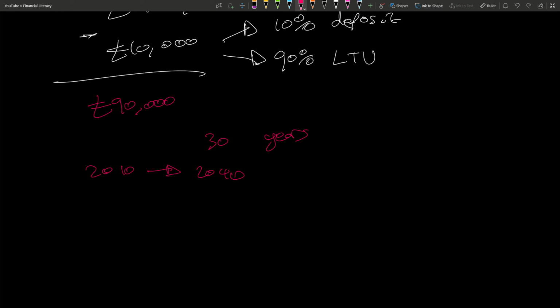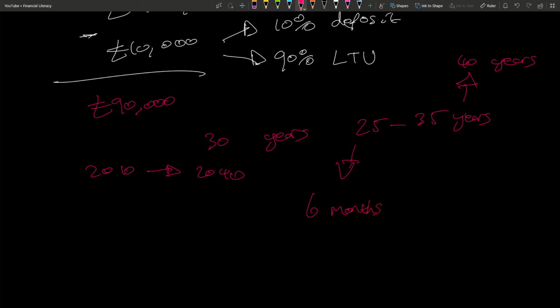So that's it. The common terms are usually between 25 to 35 years. I've seen some as high as 40 years, and you can get them as low as, I think, the lowest is about 6 months, I believe.